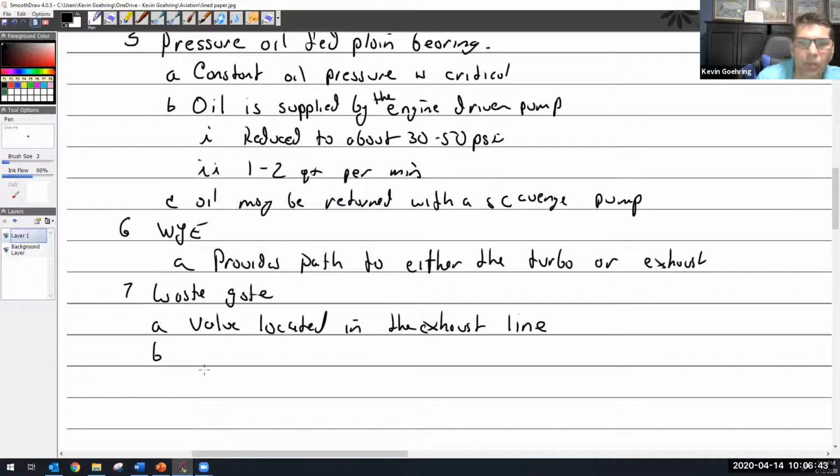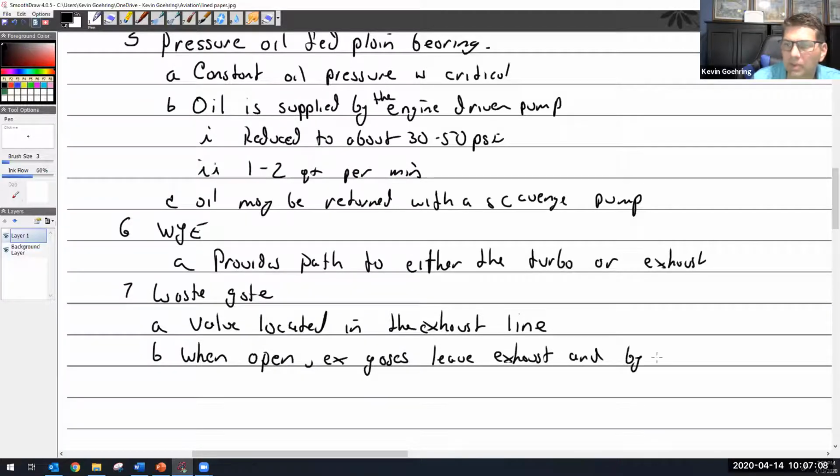All right, when the wastegate is open, exhaust gases leave exhaust and bypass the turbo to overboard.